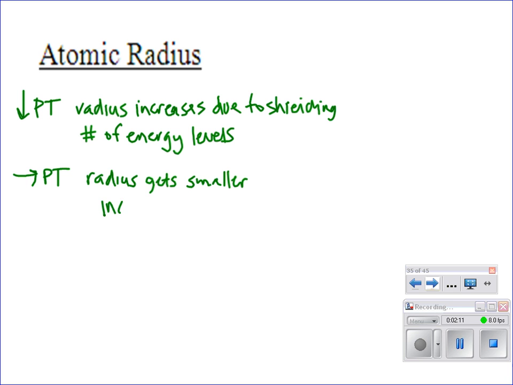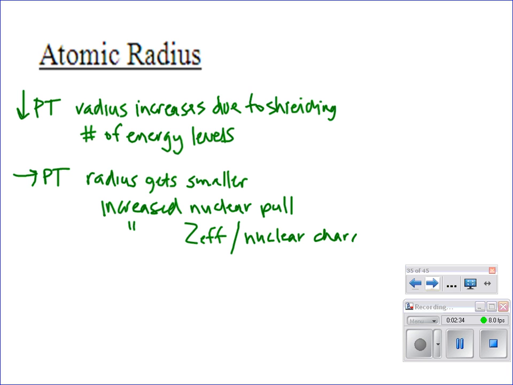So increased nuclear pull as you go from left to right across the table. You can also use as an argument increased Z effective or increased nuclear charge. Those are all synonymous. Nuclear charge, because again, we're adding more protons to the same energy level.